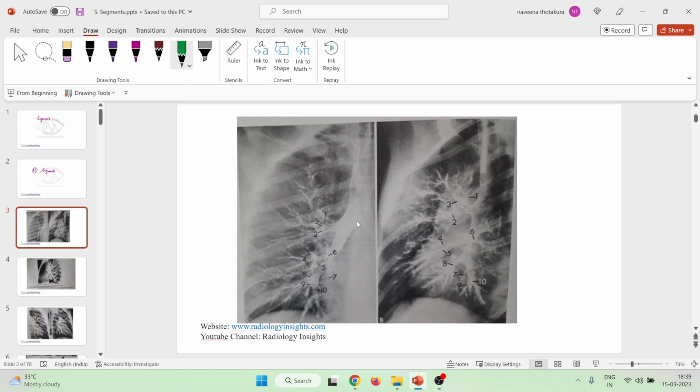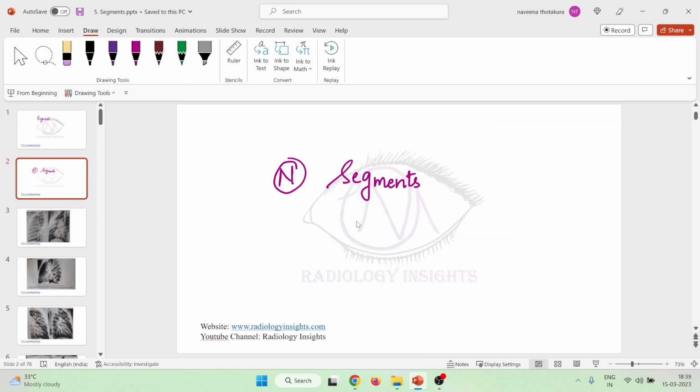So now let us see the normal bronchial segmental anatomy. It varies from one individual to another and is not similar in each and every individual. Some might have a particular anatomy, the other might have a different type.